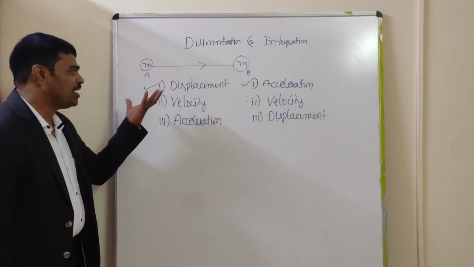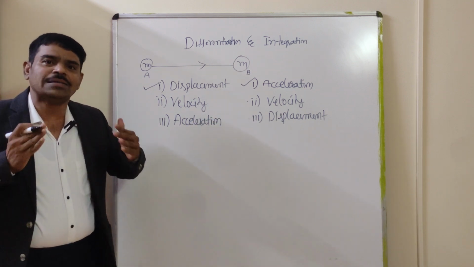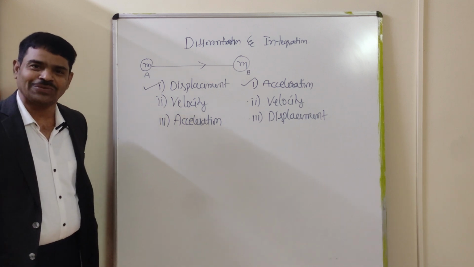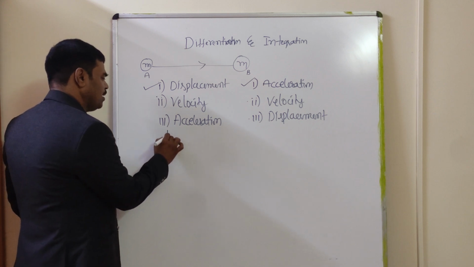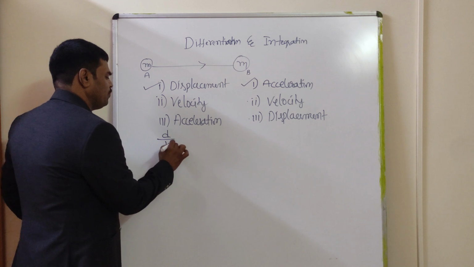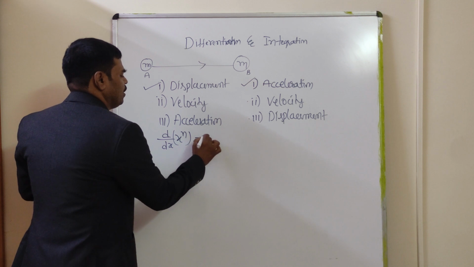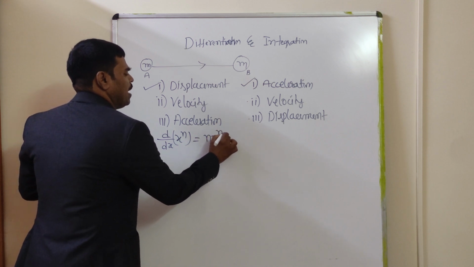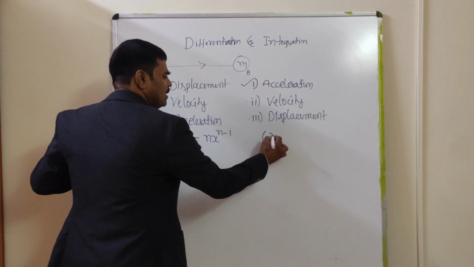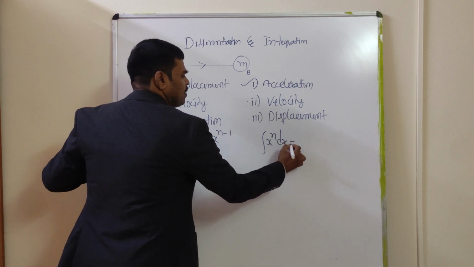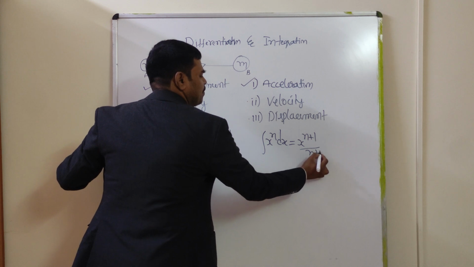Now, what is differentiation and what is integration? You basically need a few points. That's basic mathematics. Correct? So, in differentiation, I am going to give you one small formula: d by dx of x power n is equal to n into x power n minus 1, and the integral of x power n dx is equal to x power n plus 1 by n plus 1.